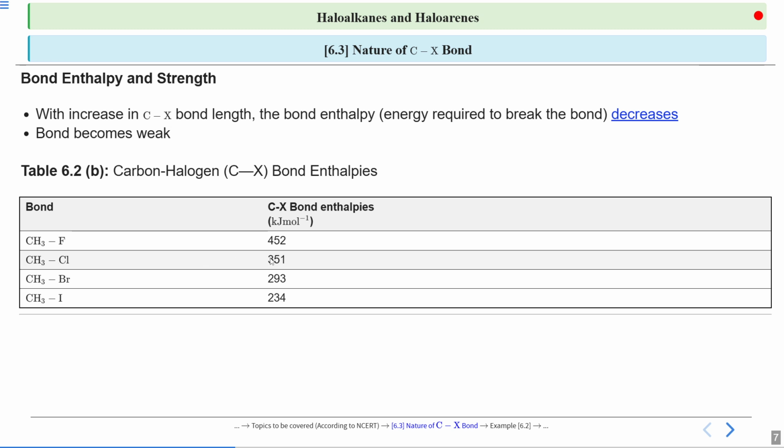For bromomethane, we have 293 kilojoule per mole as the bond enthalpy of the carbon bromine bond. And in iodomethane, that is, for the bond between iodine and carbon, the carbon iodine bond enthalpy is 234 kilojoule per mole. So as you move down the halogen group, the bond enthalpy of the carbon halogen bond is decreasing due to the increase in the bond length, right?